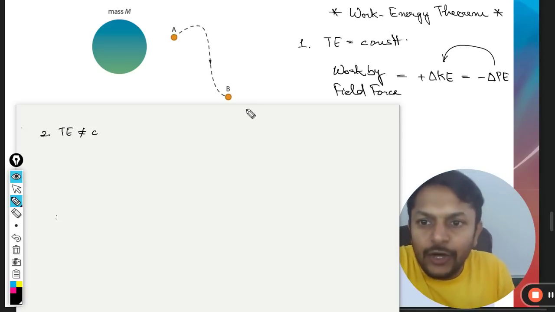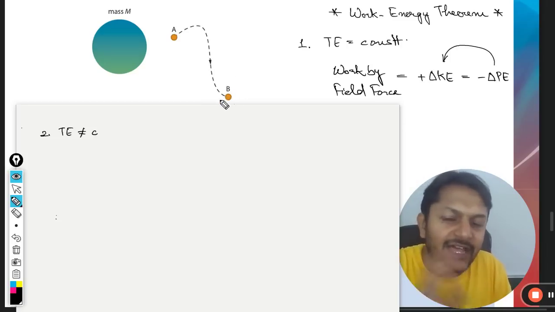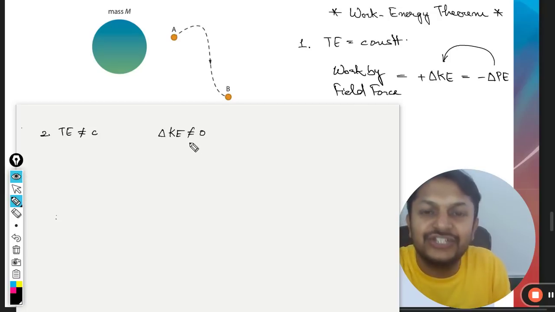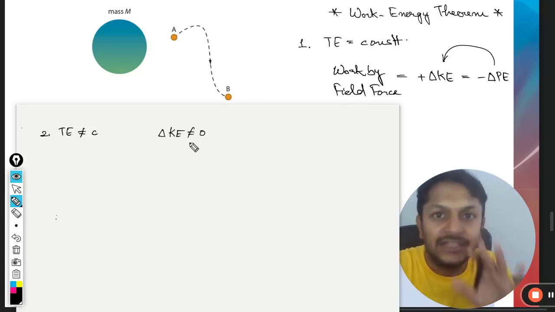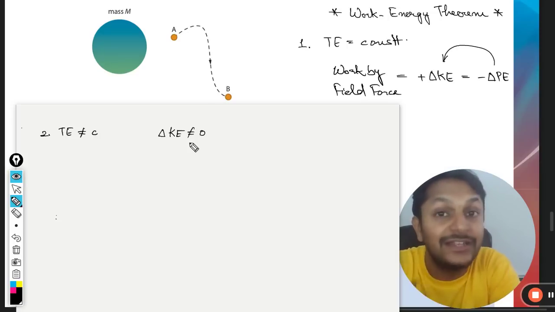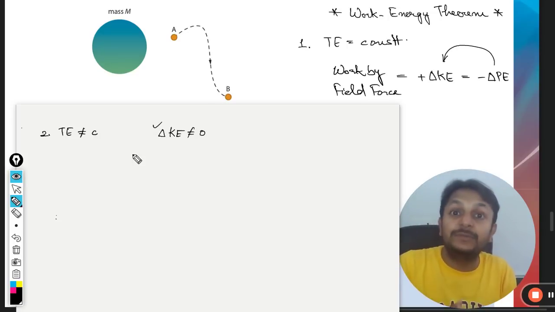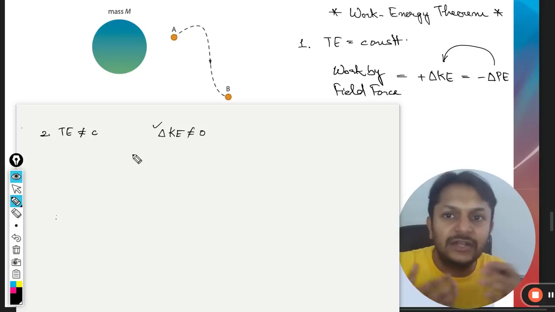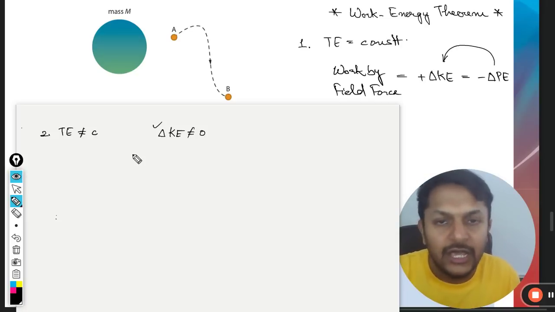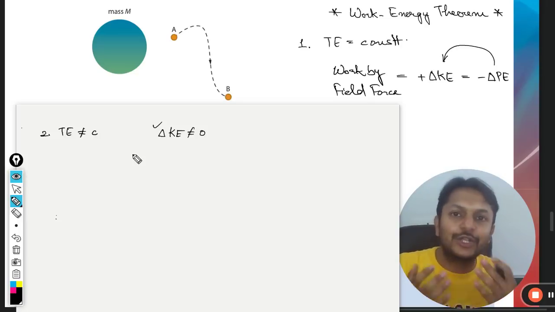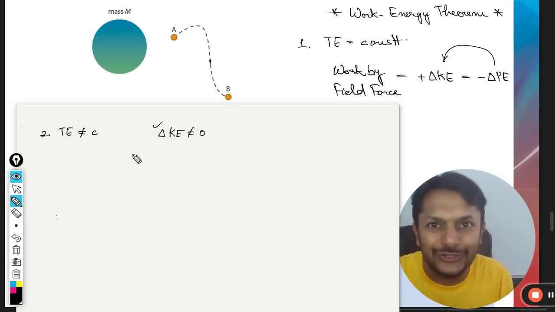Now, till now we considered these kinds of cases and we said that kinetic energy in the first place is not even considered, so the change in kinetic energy is not happening. That was the condition that we put in the last video. So we are not increasing the kinetic energy, but there might be a loss or gain in potential energy. Obviously, the total energy is not constant now.